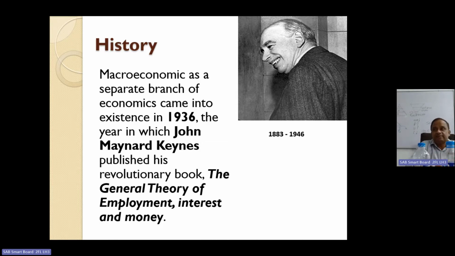But for the first time, John Maynard Keynes introduced the book called The General Theory of Employment, Interest and Money. You can read this book. We simply say General Theory. With that, he analyzed the overall economy for the first time.